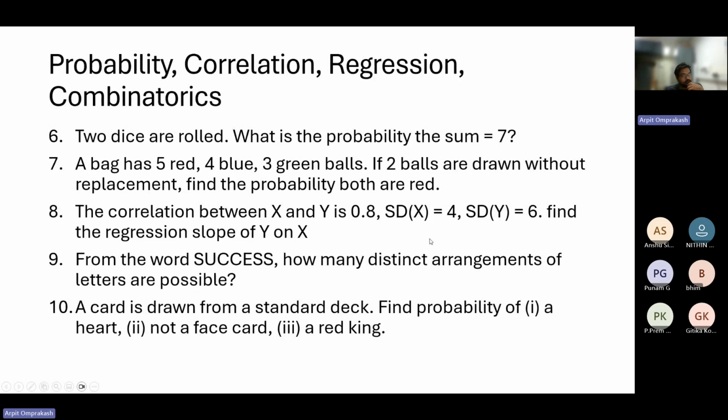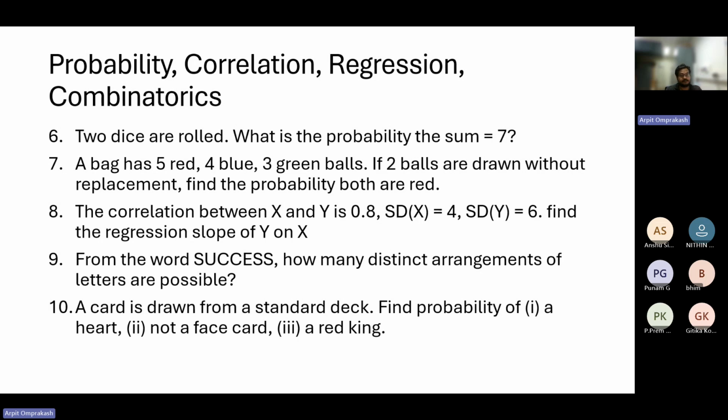Someone said question number 8, right? They are given the correlation between X and Y. So the correlation coefficient is 0.8. You have the standard deviation of X and standard deviation of Y. You just need to find the regression slope of Y on X. So that is basically if you draw a relationship between X and Y, what is the slope of the line?